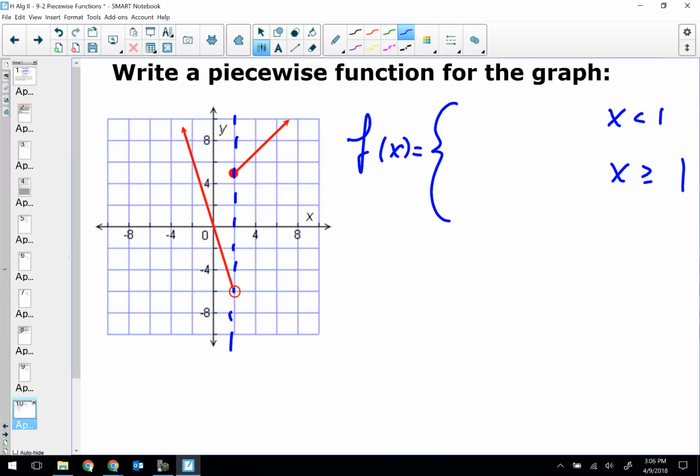So for x less than 1, well, it goes through 0, 0, so the y-intercept is 0. What's my slope? Rise 1, 2, 3, run 1. So it's a negative sloping line, rise 3, run 1. So negative 3x. That's this piece here. Okay, so now I can't see my y-intercept, but if I did, would that follow there?